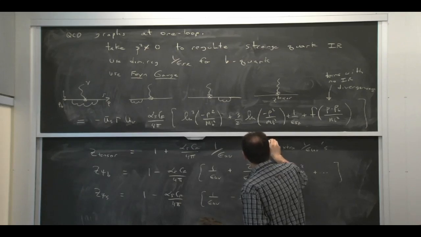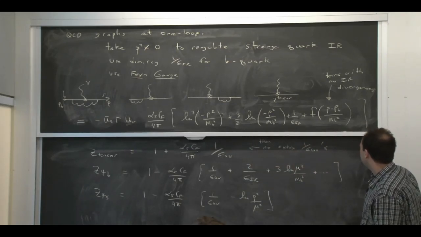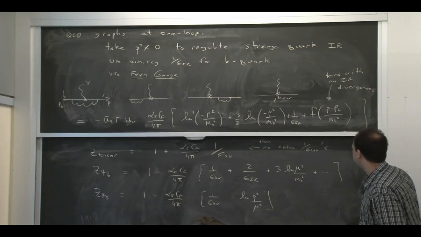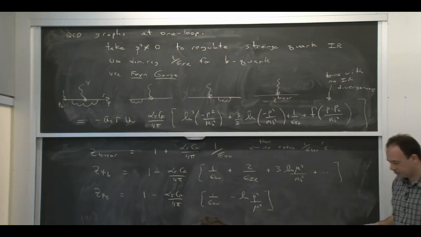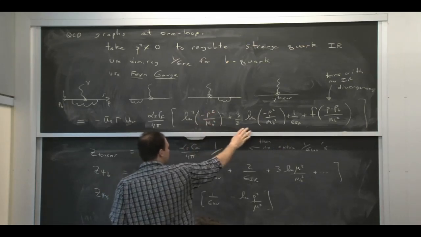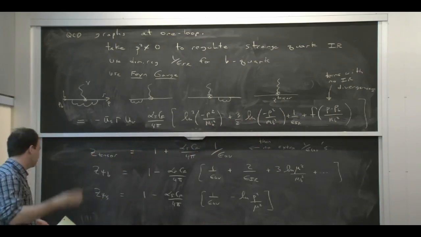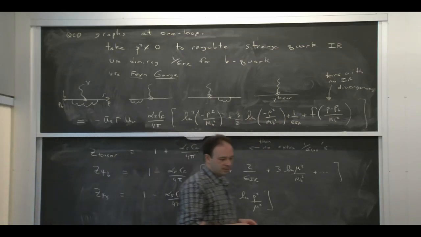So that's just kind of by the definition of what Z tensor should be. And then everything else is as I wrote. So there's IR divergences that are associated to the strange quark off-shellness. That's these two terms. There's an IR divergence associated to the heavy quark going on shell. That's that term. That's the sum of diagrams.